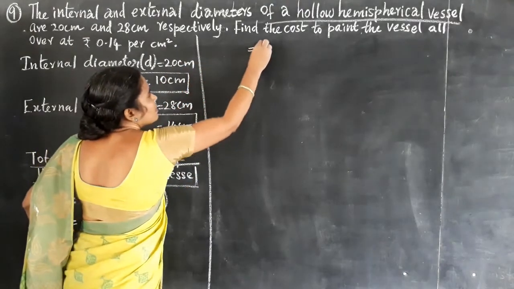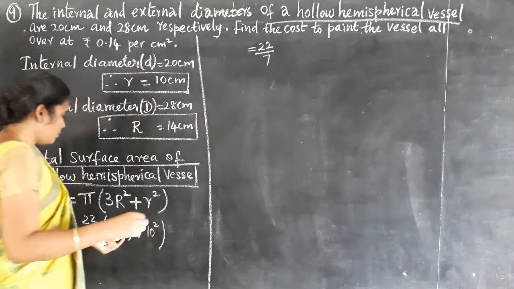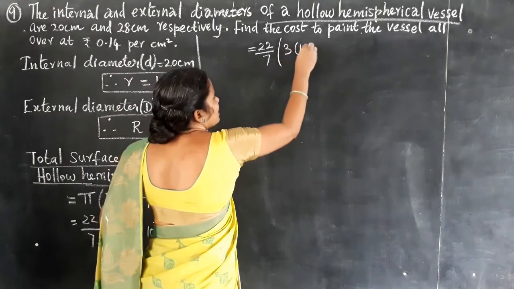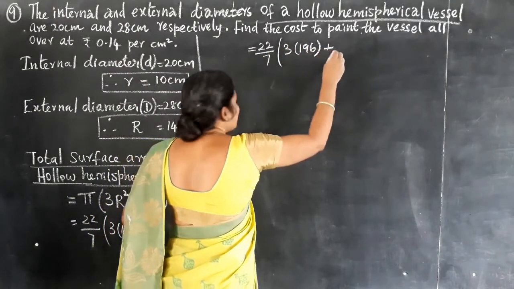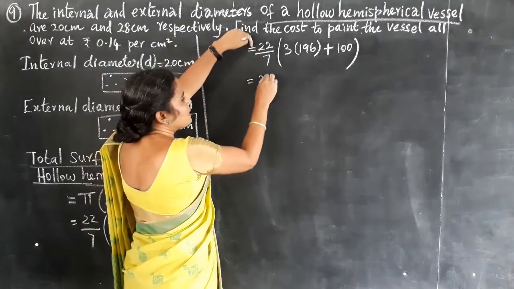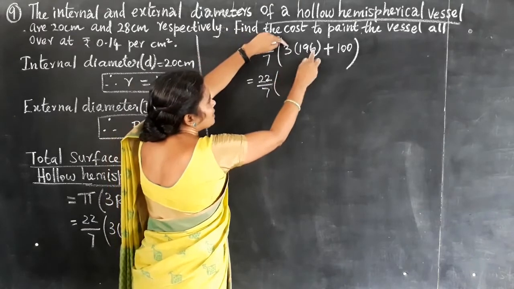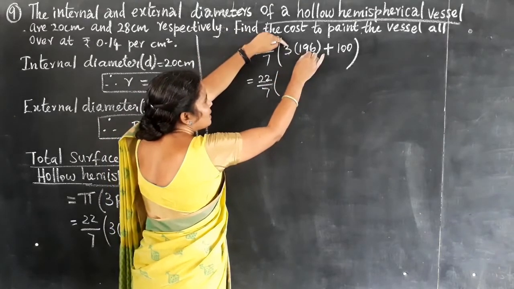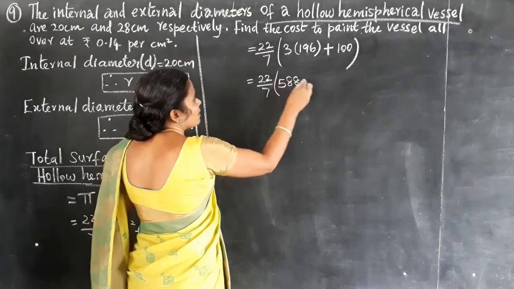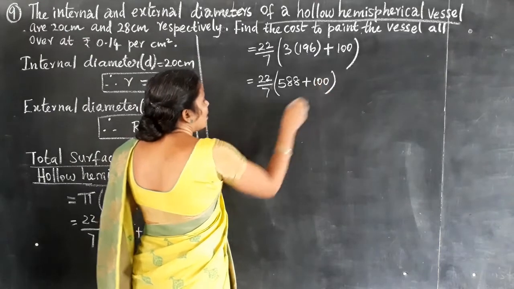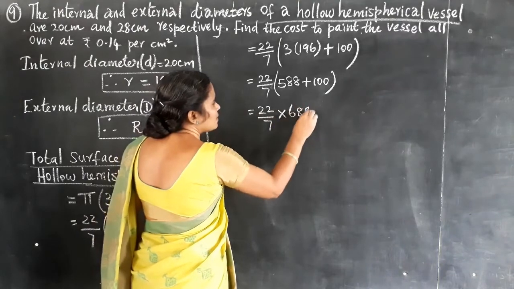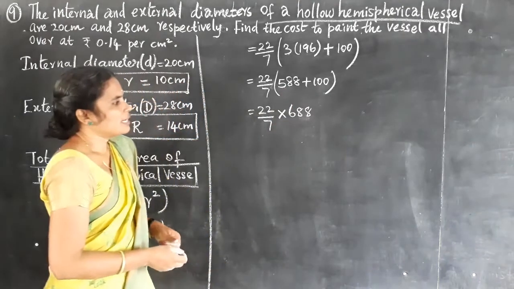22 by 7 into 3 into 196, since 14 into 14 is 196, plus 10 into 10, 100. 3 into 196 is 588, and 588 plus 100 is 688.